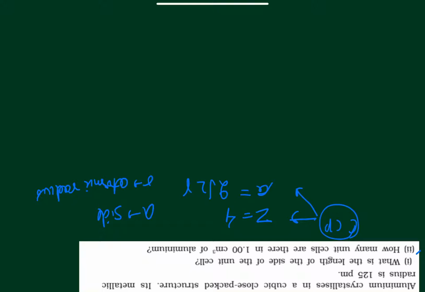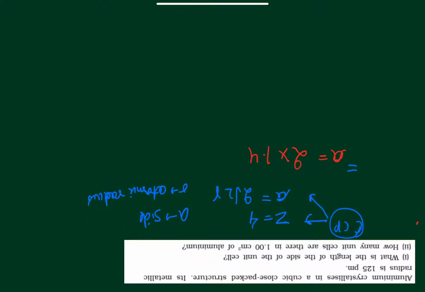So the side A is equal to 2 into root 2, which is 1.414, into R. R is 125. So 2.828 into 125, you will get the answer in picometers. I am not going to the calculation right now because that will consume time.